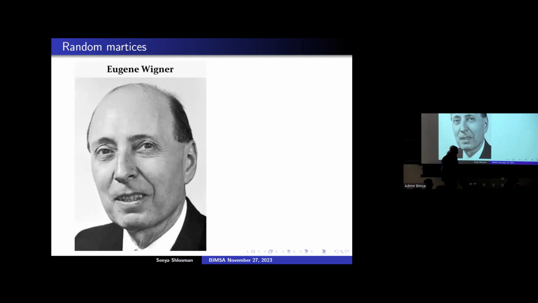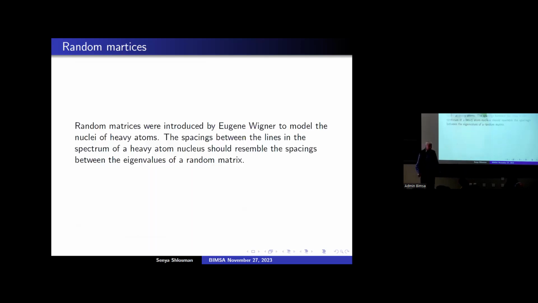And he was studying the energy spectrum of heavy atoms, and he was interested in knowing the distribution of the eigenvalues of energy levels, to say something about the energy levels of those big atoms.